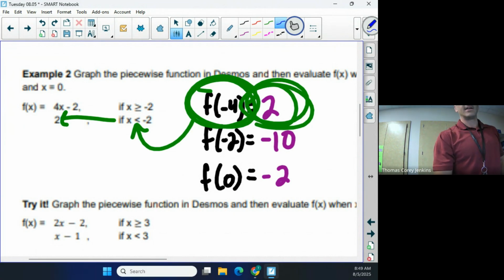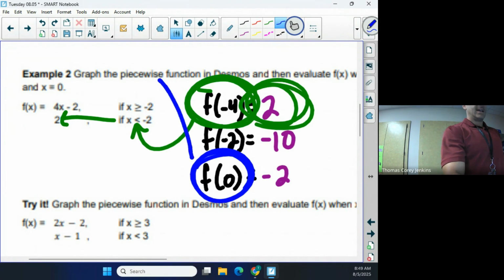So if I wanted to evaluate this one without a graph, we already know it's -2, but I'll try to show you why algebraically. So 0 falls into the greater than or equal to -2 category, right? Where my rule is y is 4 times x minus 2, right? So that one we would say, okay, maybe we have to do the math.